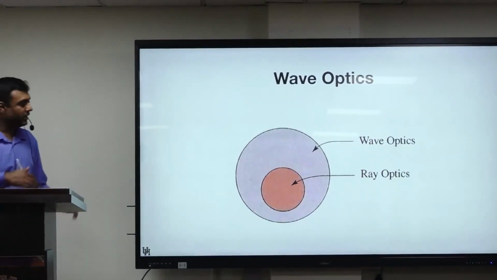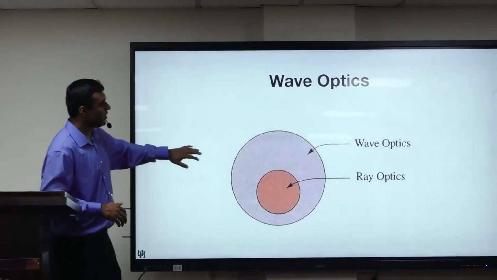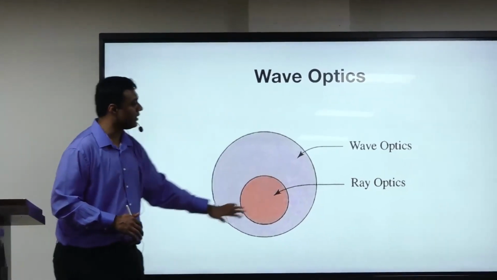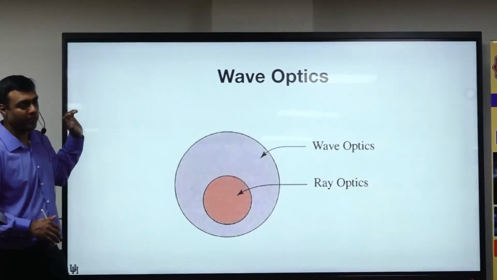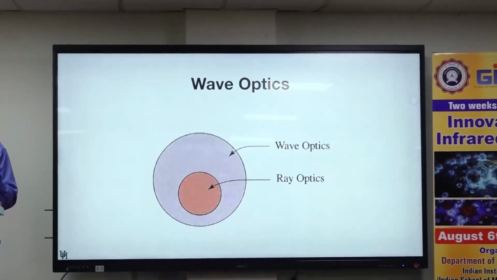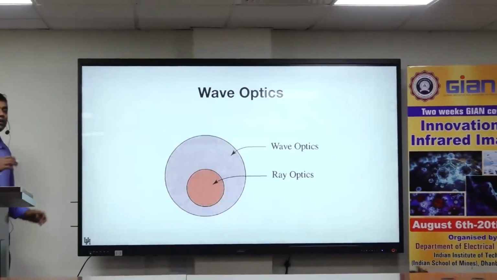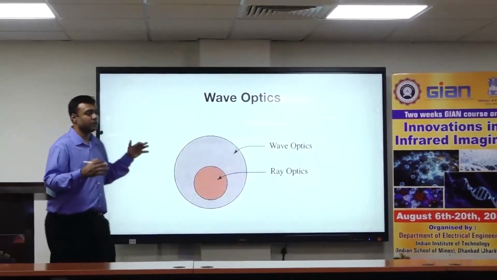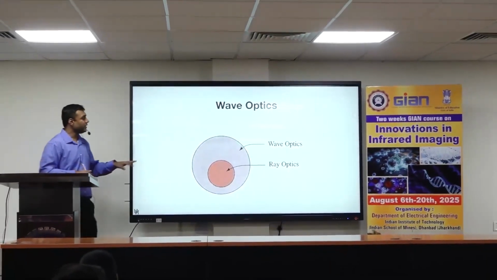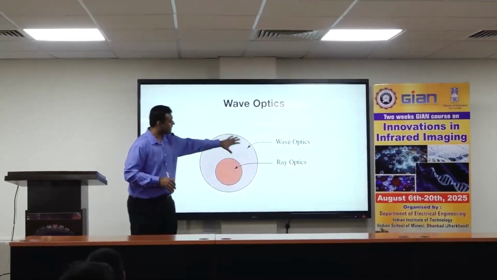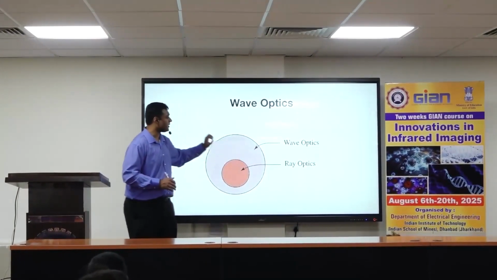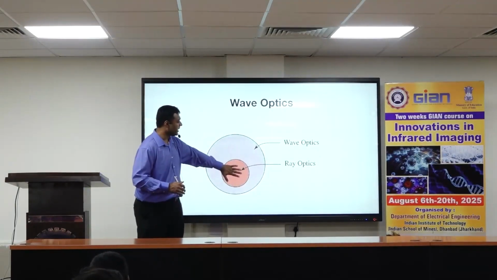So here is an illustration. Previously we saw that all of optics can be understood using quantum optics as the most general theory of light. But that is too complicated for us to solve problems in the real world, and therefore we can use wave optics, which is a bit simpler.